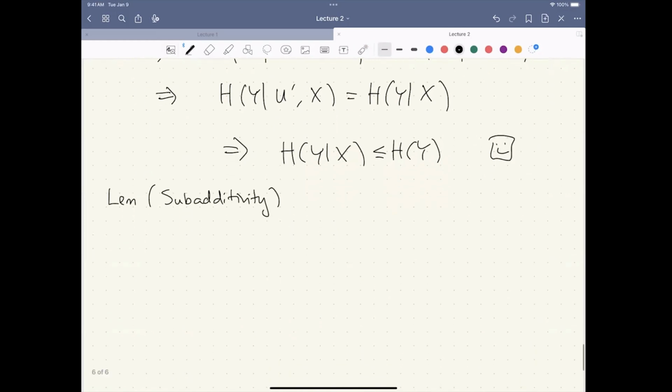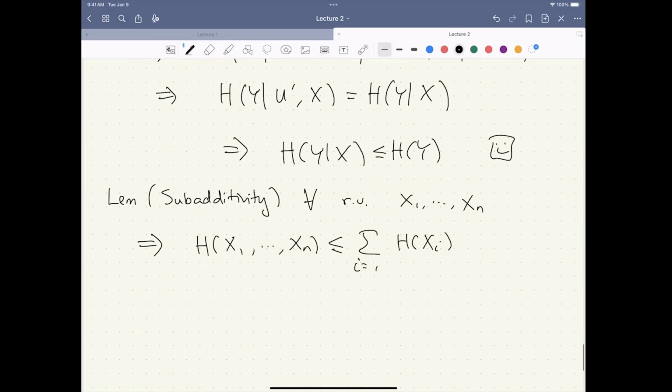It says that if you have random variables X1 to Xn, any random variables, then their joint entropy, the joint information you get from them, is at most the sum of the information you get from each individual one of them. Okay? You cannot get more than the sum of all the stories that they told you, right?